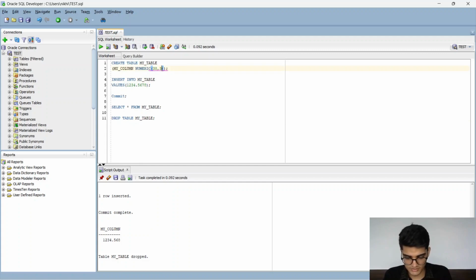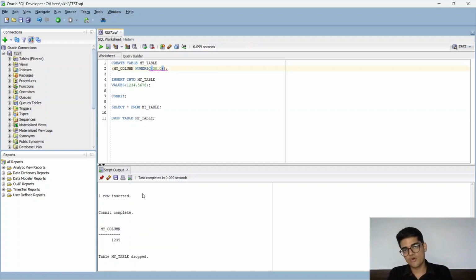Now let's decrease our scale to 2. Now our value got rounded off up to 2 decimal points, right? What if we use 1? Our value will be rounded off to 1 decimal point. Now what if we use 0?